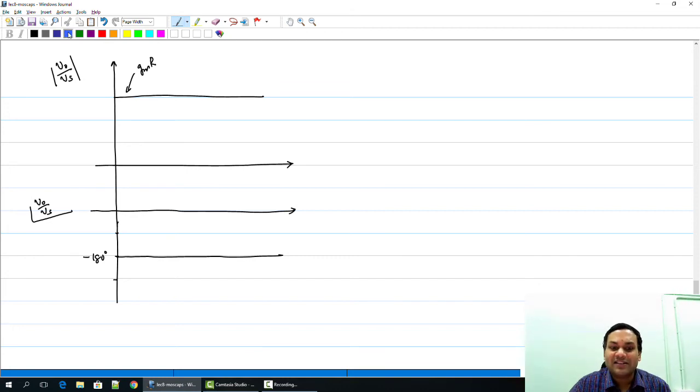Now, with the capacitances C1 and C2, it turns out that this behavior is valid only at low frequencies, and at higher frequencies the magnitude of the gain goes down at minus 20 dB per decade.